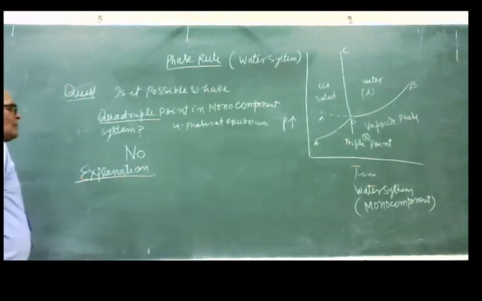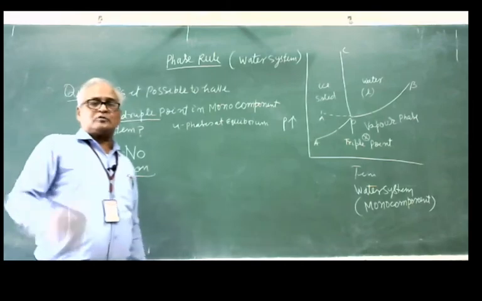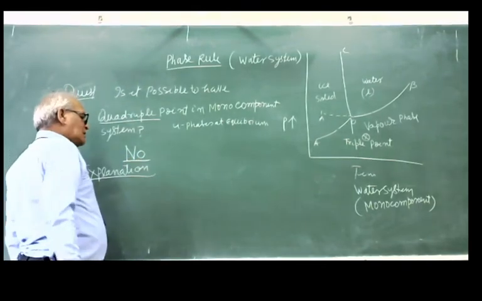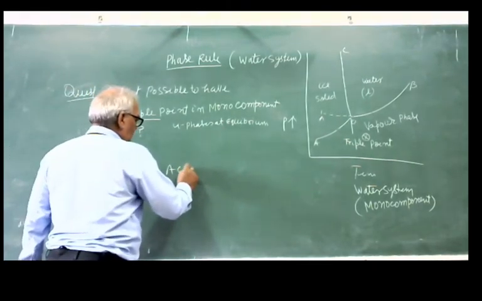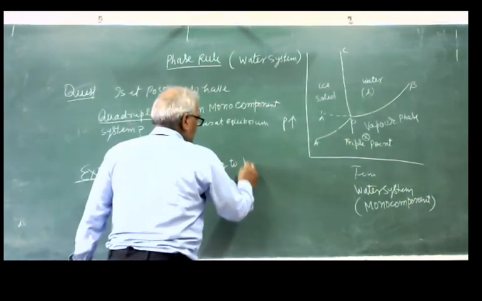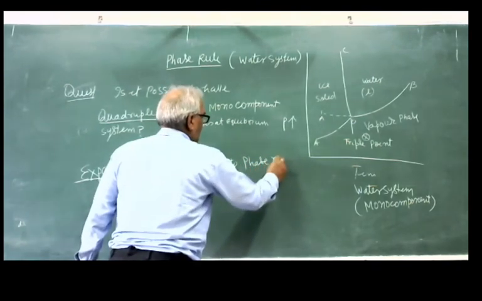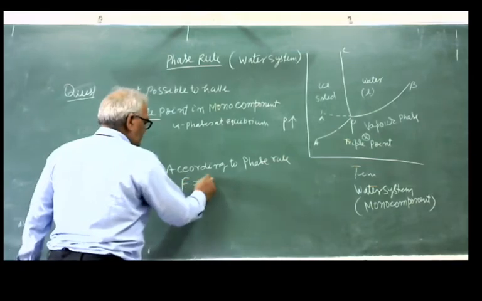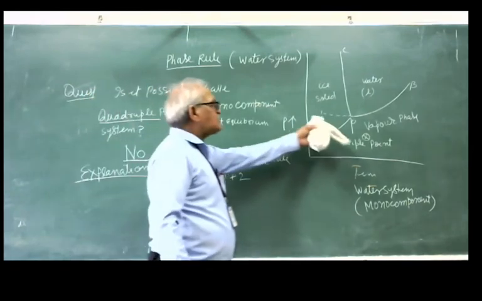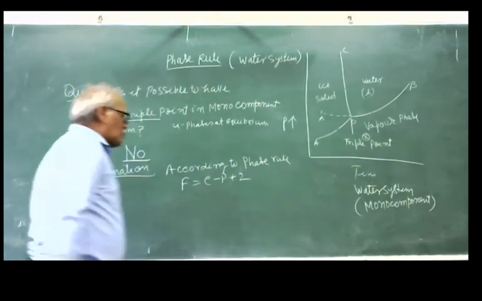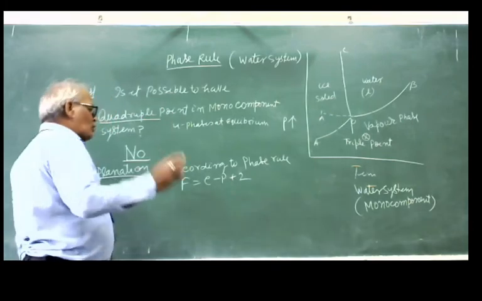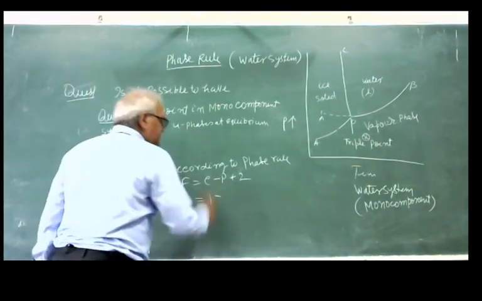Explanation. What is its answer? Just writing no is not enough, so we will answer it like this: according to the phase rule, F equal to C minus P plus 2. In the water system or any monocomponent system, like sulfur which is also a monocomponent system, C equal to 1.